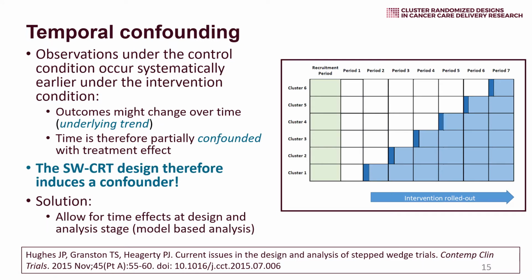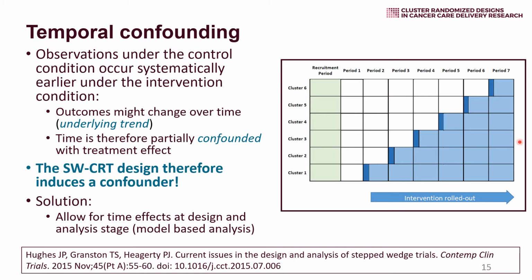So the first and probably most important issue is temporal confounding. Observations collected under the control condition, that's over here in the light shaded cells, occur systematically earlier than those observations that are collected under the intervention condition. These are the shaded blue cells on the right-hand side. Now, observations or outcomes might change over time.